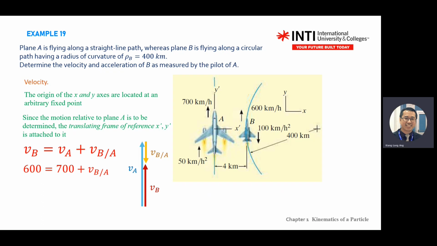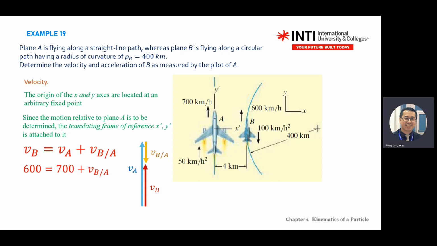Okay, the notation that you see on the screen here is a bit wrong. It's not B stroke A, it's A stroke B, because it's measuring from A. Take note on this one, there's a mistake on my side.